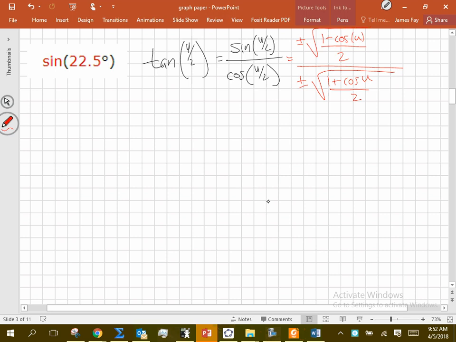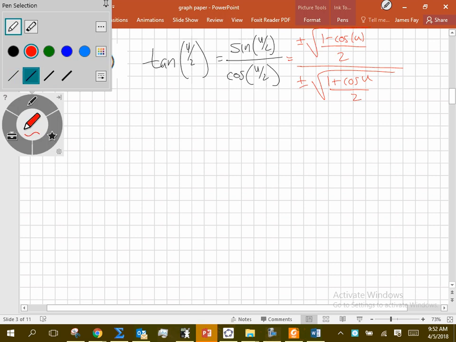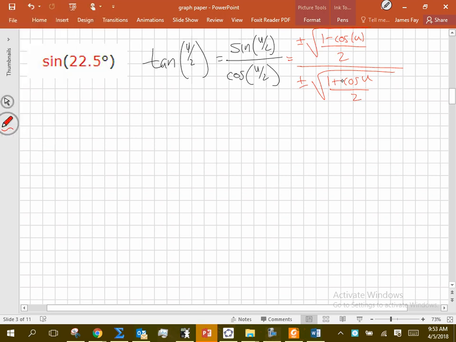Okay. When we go through with this algebra, because of the radical idea, we can go ahead and rewrite this as the square root of 1 minus cosine u over 2, over 1 plus cosine u over 2, right?